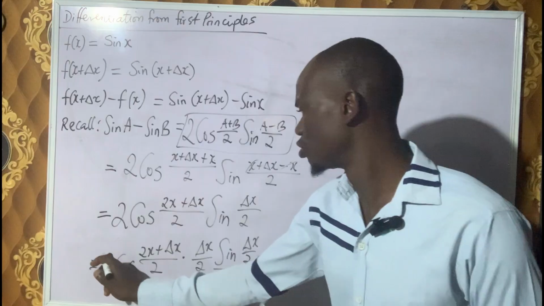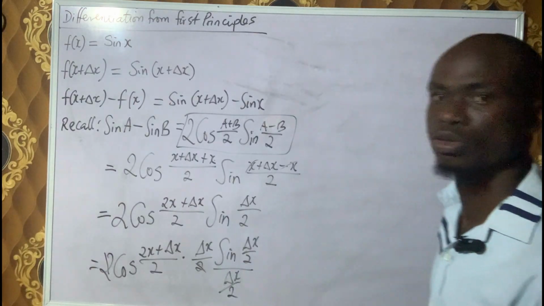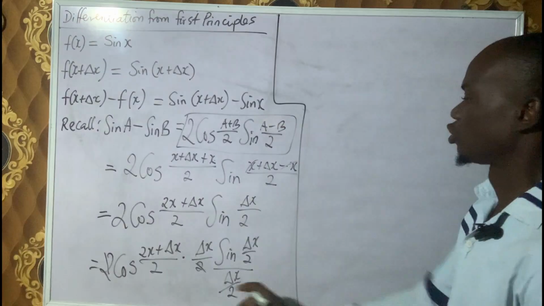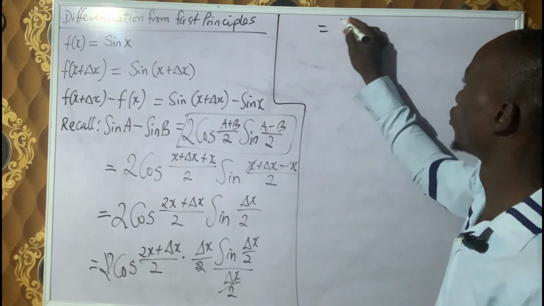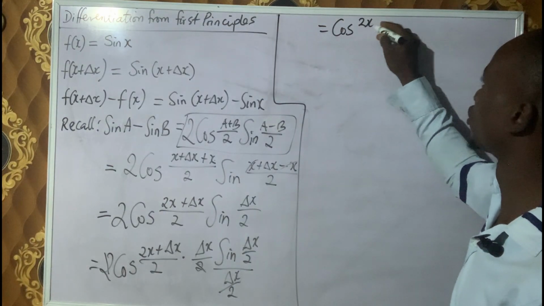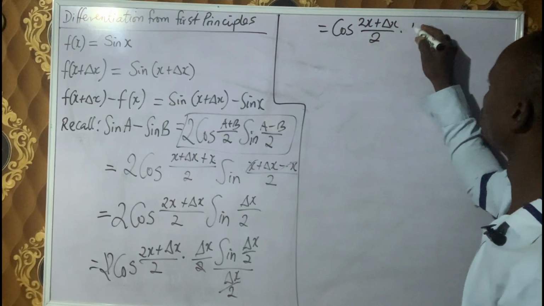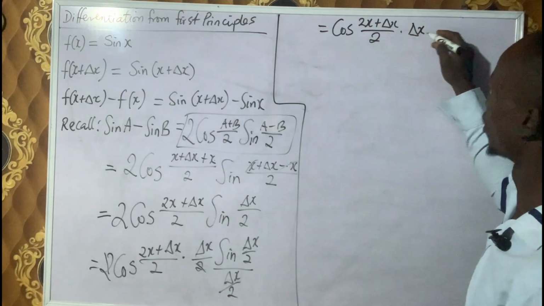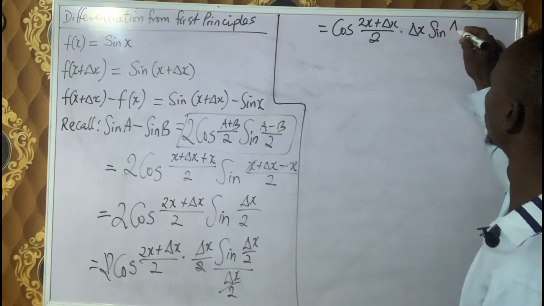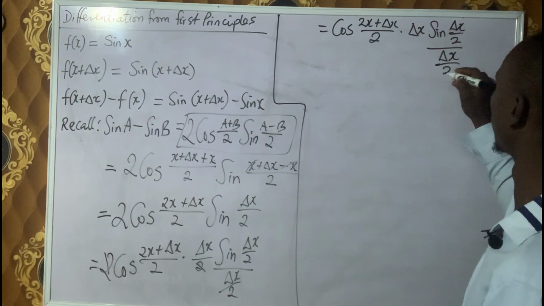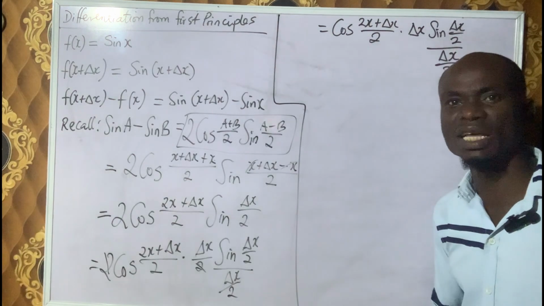From here, 2 can take out this 2. So let's see what is remaining. So now we're going to have cos of 2x plus delta x over 2, times delta x, sine delta x over 2 over delta x over 2. So let's move to the next step.